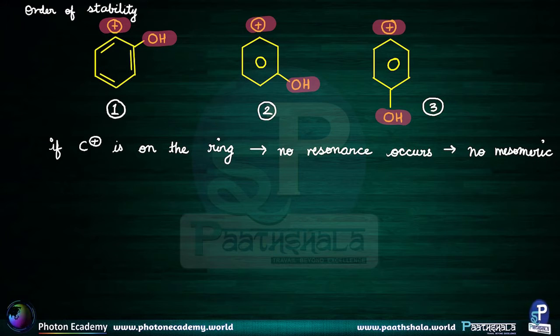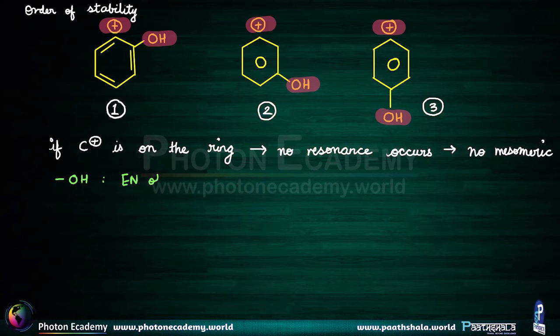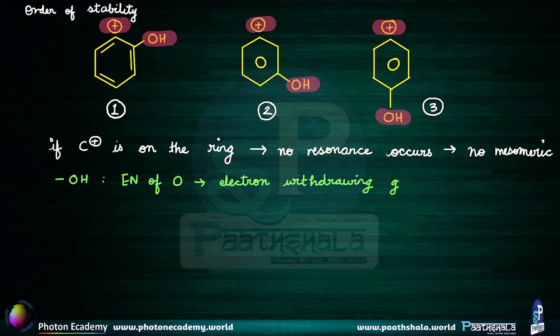Because of the electronegativity of oxygen, the OH group behaves like an electron withdrawing group, and thus leads to the minus I effect.